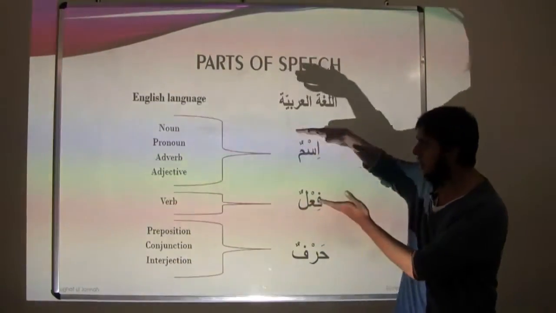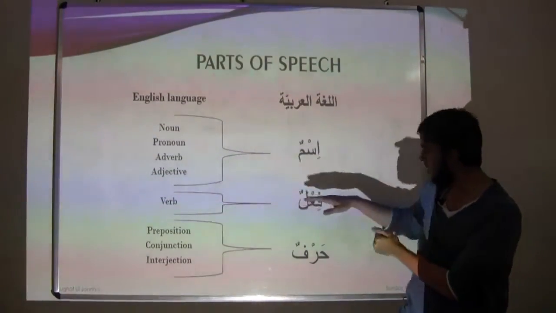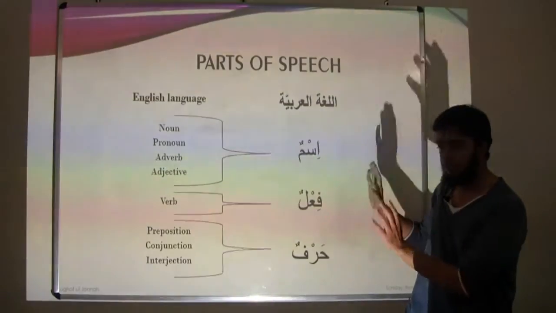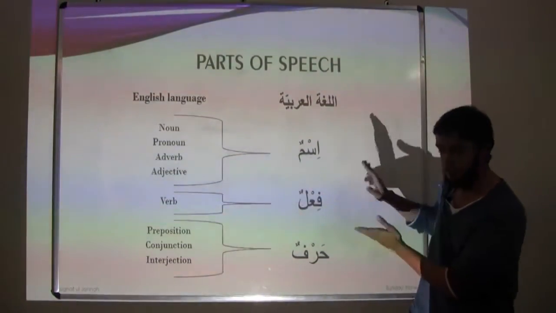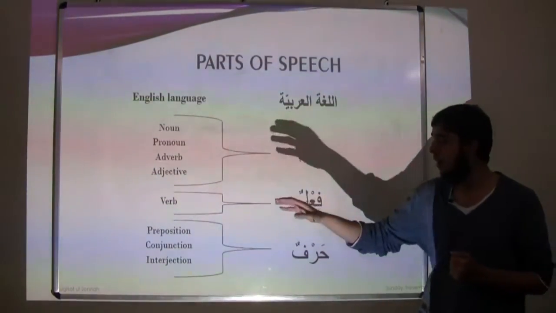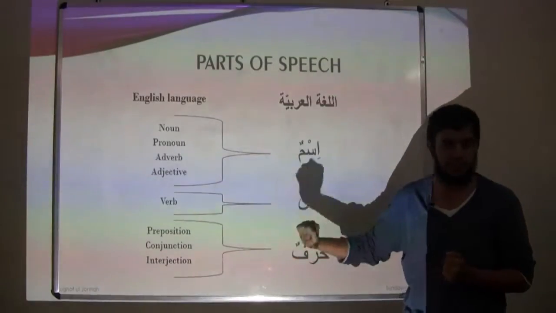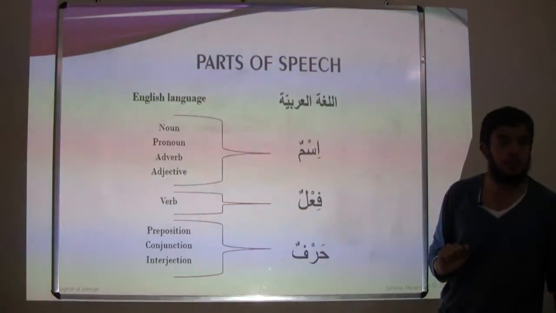The whole thing comes under the category of ism. And verb is fi'l, that's it. It's a very vast part of Arabic grammar, so it's just one category. And harf includes preposition, conjunction, and interjection. Can you give some examples?